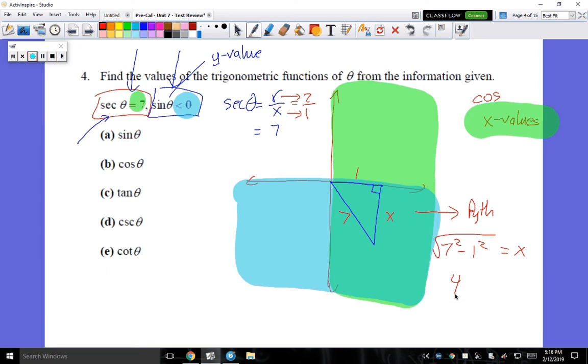So you have 49 minus 1, it's going to be 48. So it's going to be the square root of 48 is this side right here. Yes, we can simplify the square root of 48 by saying I could divide 48 by 4, which would be 12. So that whenever I take it out, this square root of 4 will come out as a 2, and 12 will be left over as far as being inside.